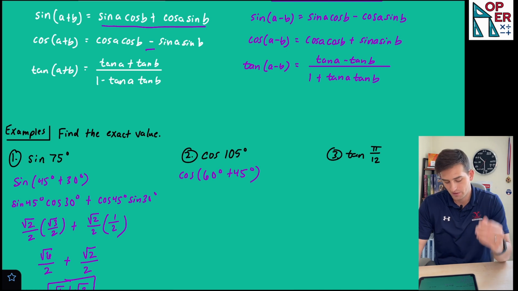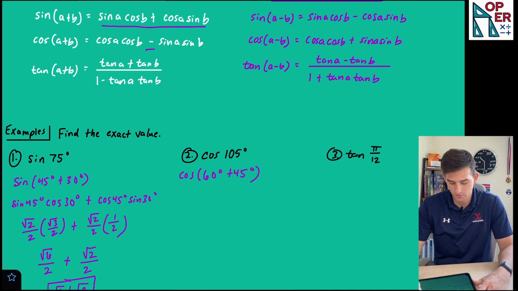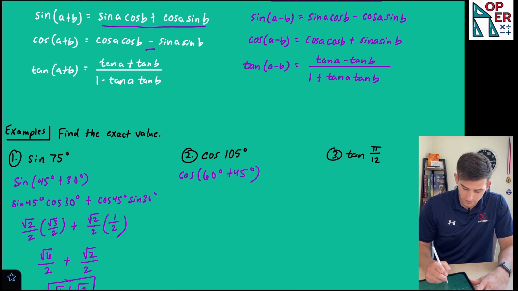And that's why I wanted to use that one, because we can work on our subtraction here with this example number 2. So for this one, we're going to do cosine of A, so cosine of 60 degrees, times cosine of B, so cosine of 45 degrees, minus sine of A times sine of B.